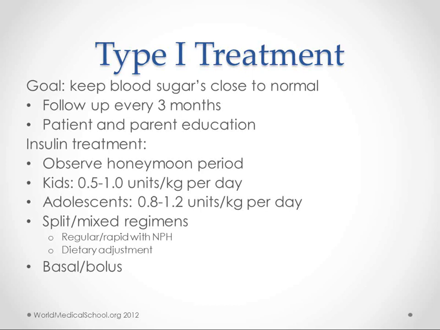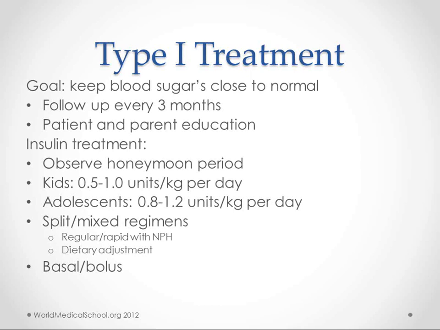So insulin treatment, once you start insulin treatment, you're going to be preserving some of the beta cell function that's still left. So you remember, you probably got 10% of your beta cells left at diagnosis. And once you bring the blood sugars down, then that beta cell function will return temporarily. So you get a honeymoon period where you are still producing endogenous insulin, and that may last months to a year.